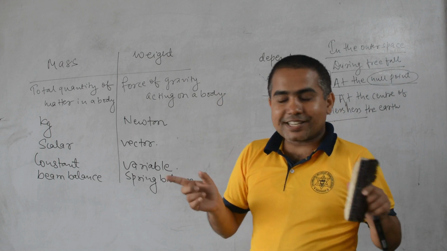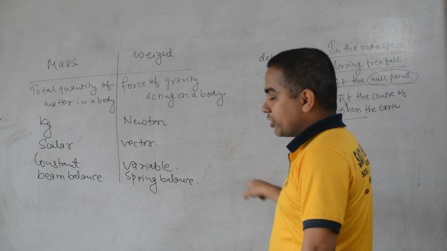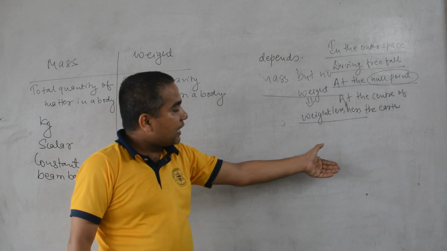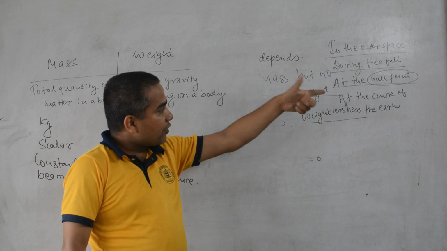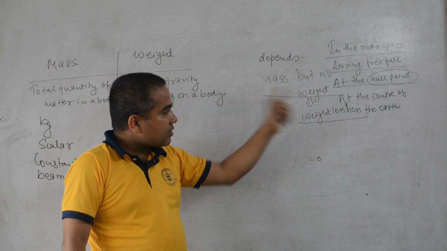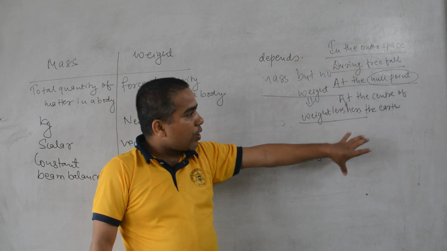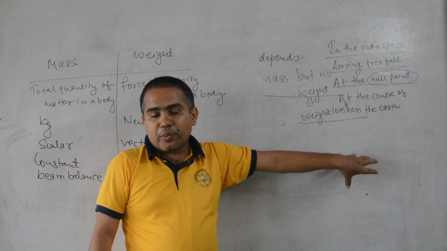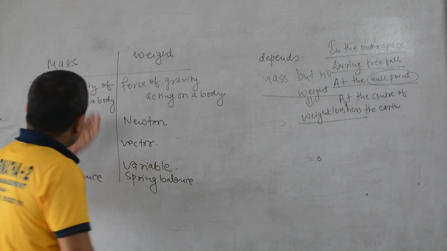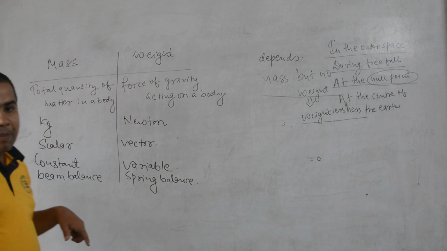That is called weightlessness, and we have stated the conditions in which a mass can become weightless: in outer space, during free fall, at the null point, at the center of the earth. So these are the cases when the mass will have no weight, or we can say mass becomes weightless. And similarly, we have stated the difference between mass and weight.